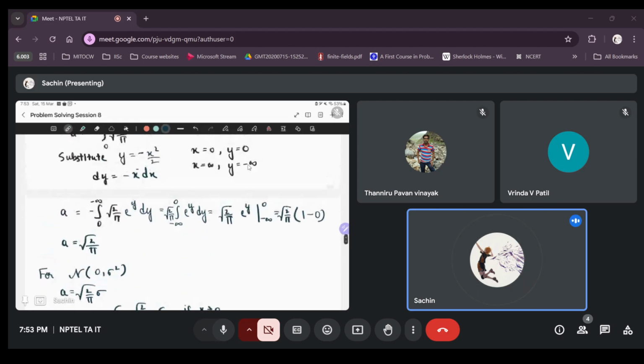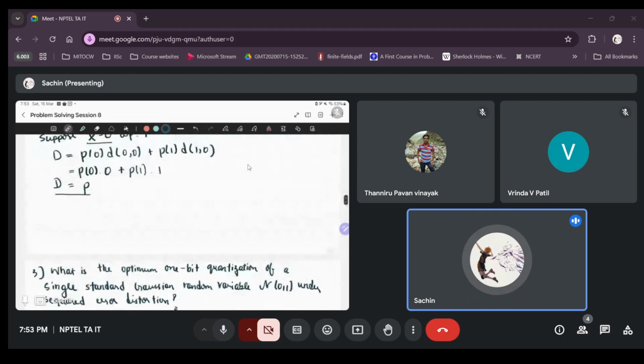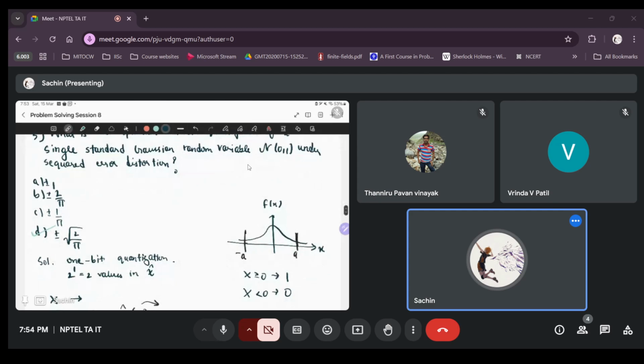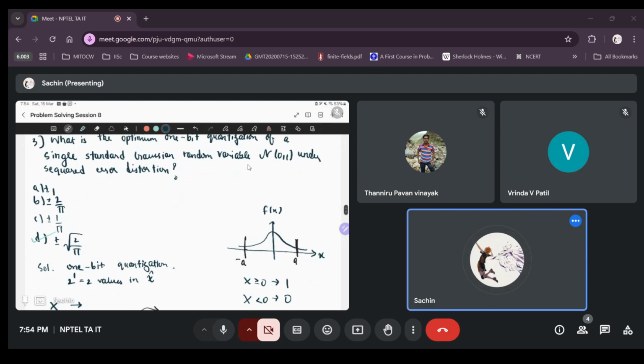So for single bit quantization, this is straightforward, right? The optimum will be to divide it into two regions, one with positive values and another with negative values.